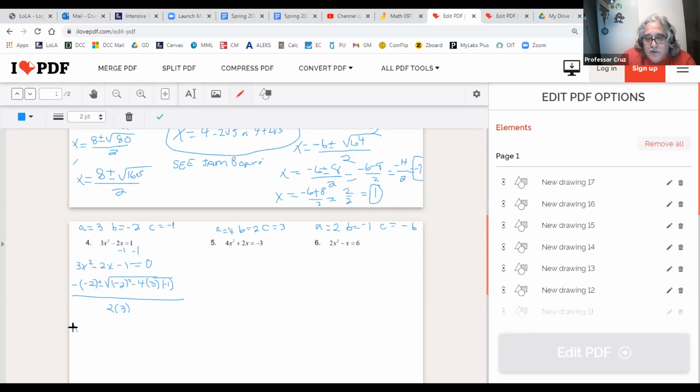So that's 4, because negative 2 squared is 4. This is negative times negative, so that's positive 12 over 6.